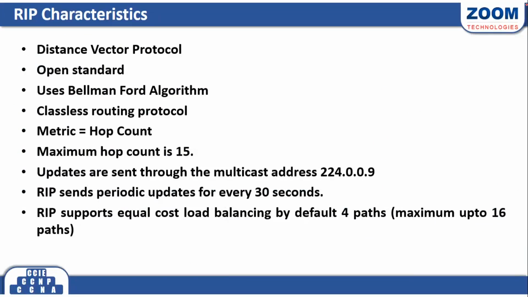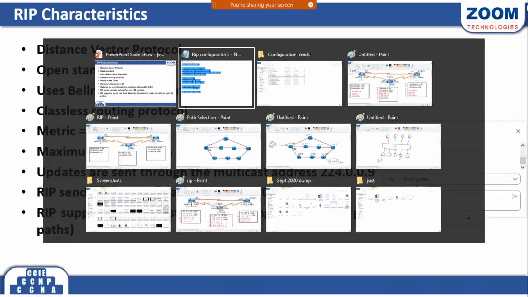So the last point says maximum up to 16 paths and hop count maximum is 15. So we consider it from 0 to 15. Load balancing is 16, but hop count is 15. Load balancing is different.